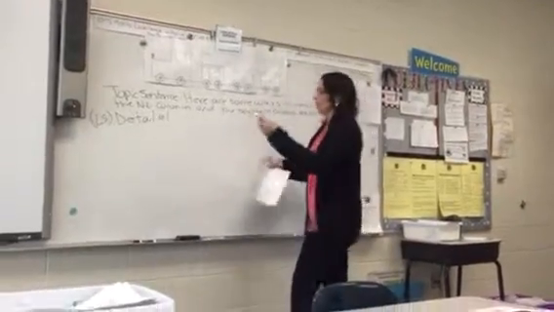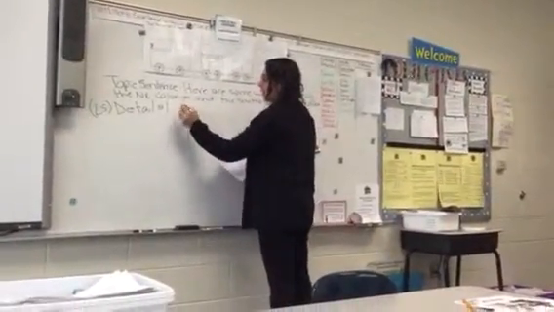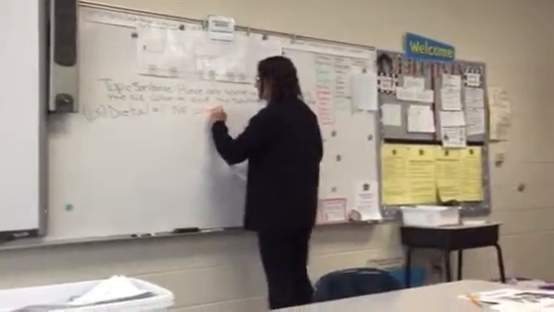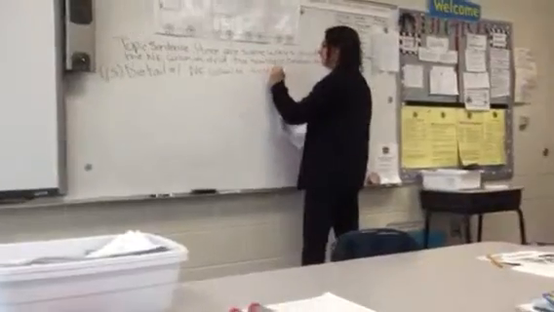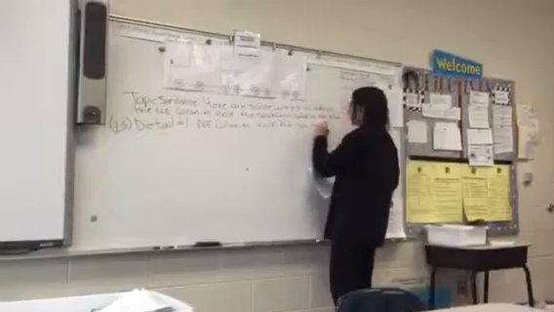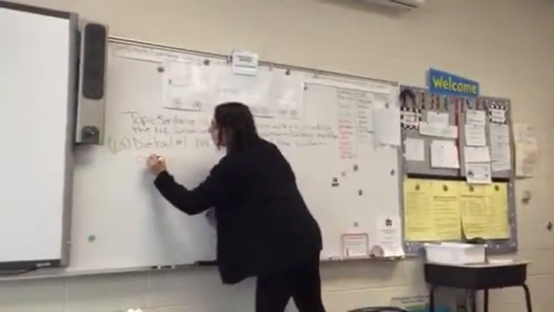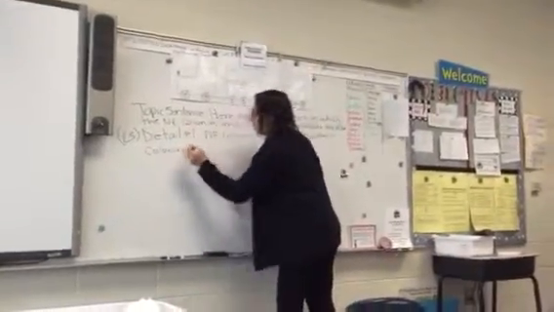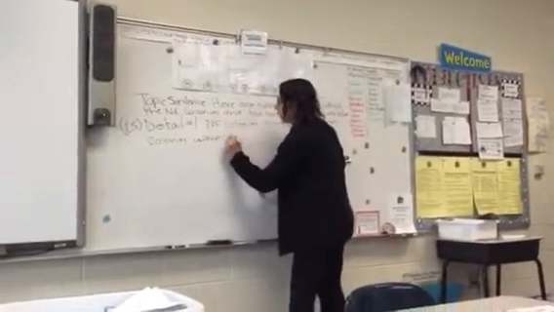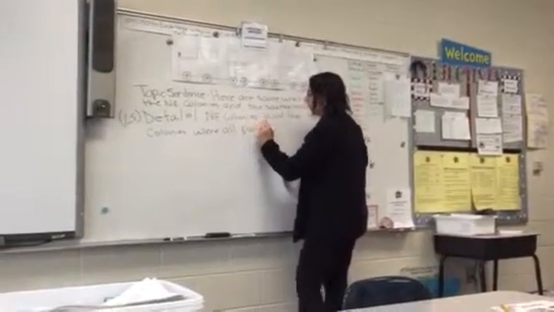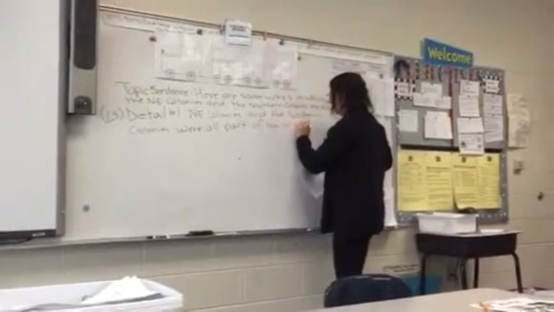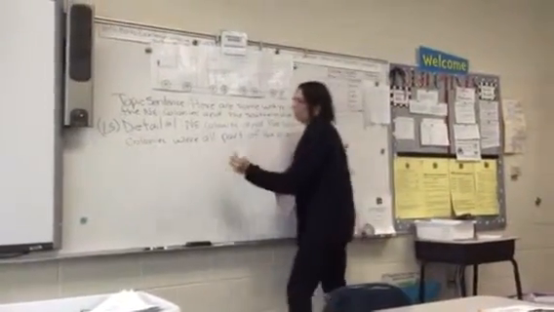So, our detail number 1 is New England colonies and the southern colonies were all part of the original 13 British colonies.